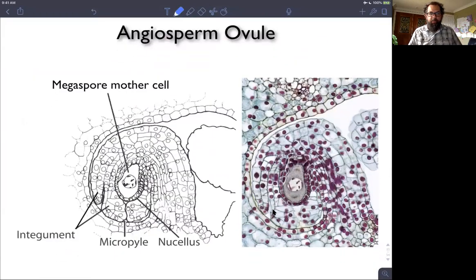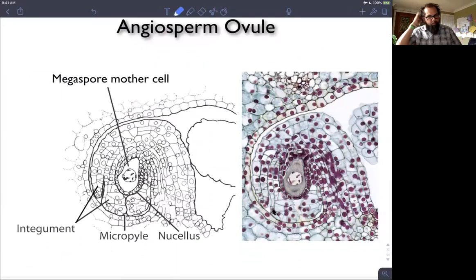Now, the megaspore mother cell is also surrounded by the two integuments. So remember, this makes the bitegmic ovule. It's surrounded by those two integuments, and surrounded by the nucellus.